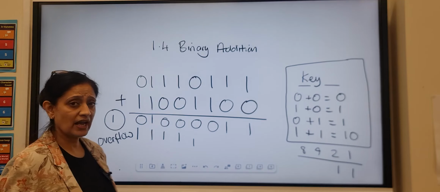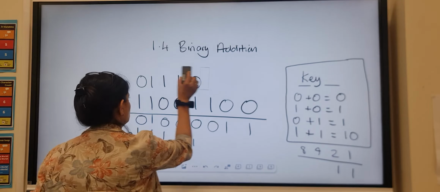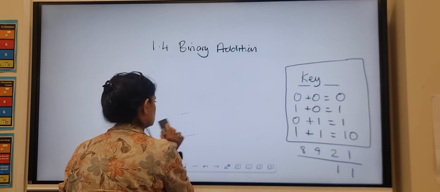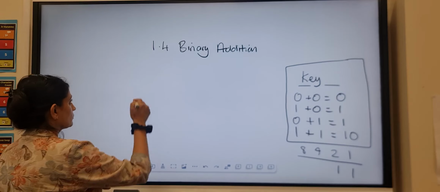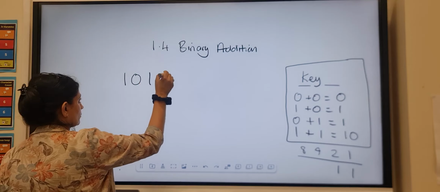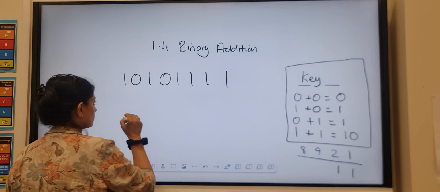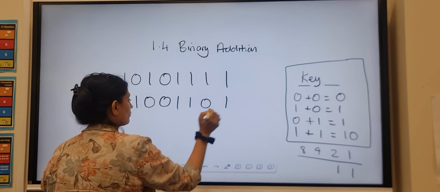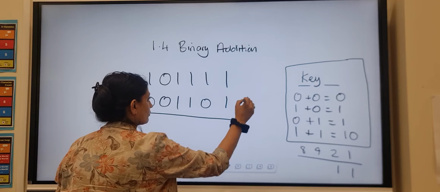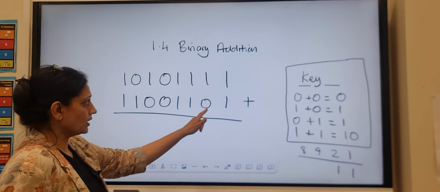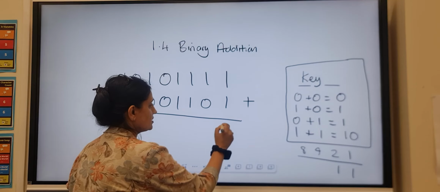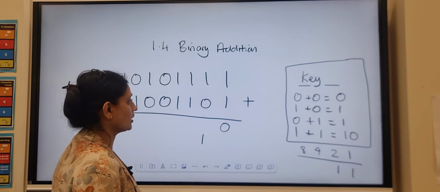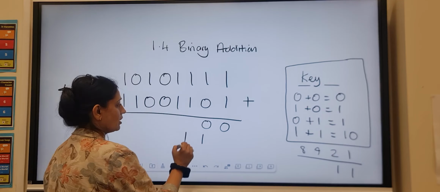Right, we're going to have a go at one more. Okay, 1 plus 1 is 2, so that's 0, carry the 1. 1 plus 0 plus 1 is 2, 0, carry the 1.